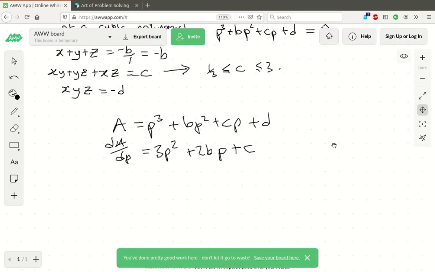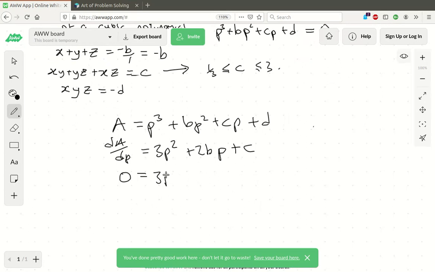And now I can set that equal to 0 because I'm looking for turning points, if you like. 3p squared plus 2bp plus c. And I can subsequently determine what the conditions are for that to have at least one turning point.